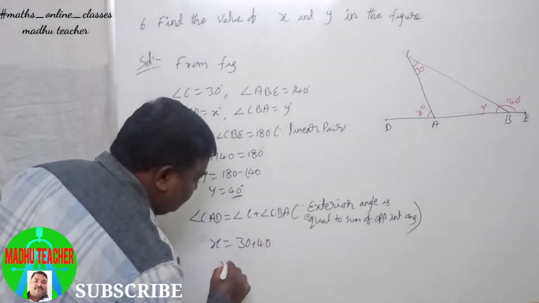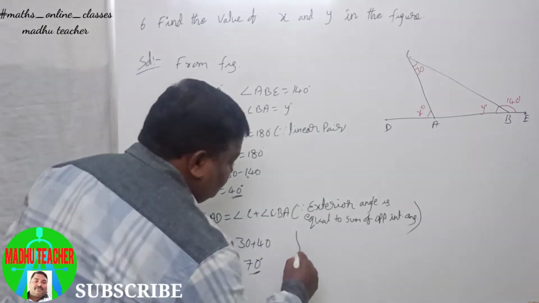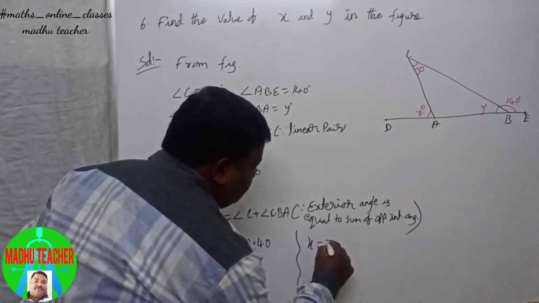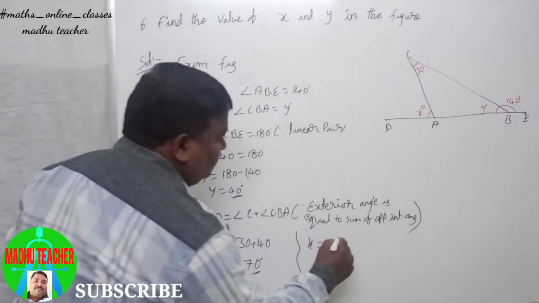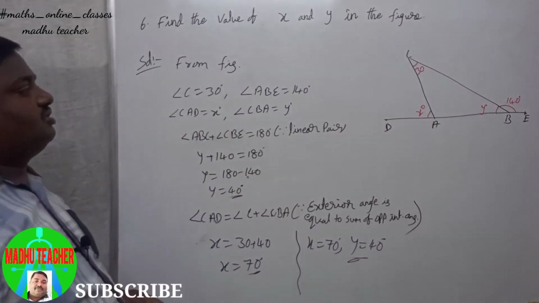So x equals 70 degrees, y equals 40 degrees. This is the sixth one.